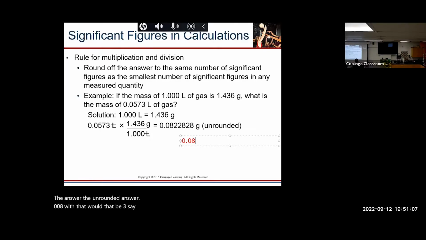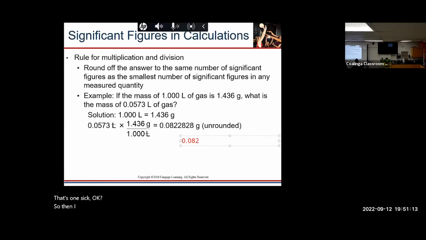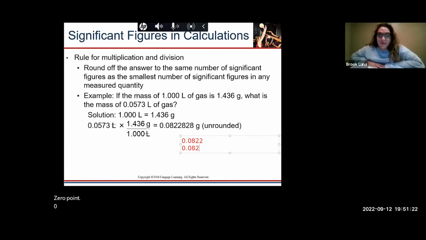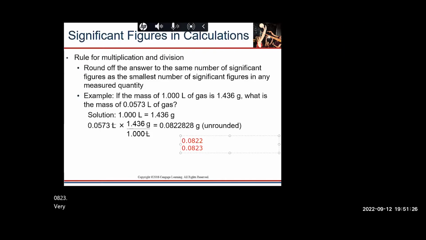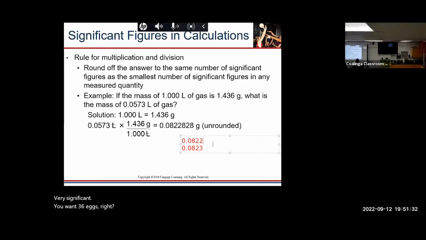No, that's 1. So you have to add 2 more numbers. Oh, it wants 3 significant figures at the end. You want 3 sig figs, right? Oh, okay. That's right.